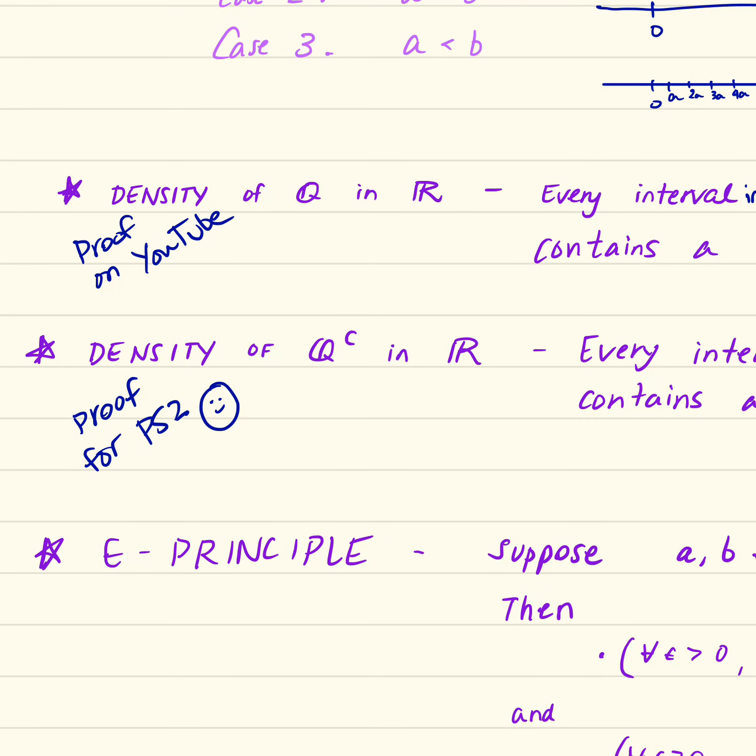When you're doing this proof, I've included a hint in the problem set: assume that you know that Q is dense in R. So prove that the irrationals are dense in R after you watch the video and take notes on the video showing that Q is dense in R.